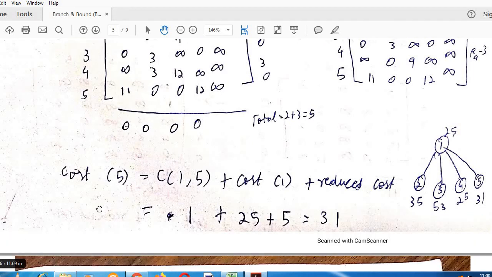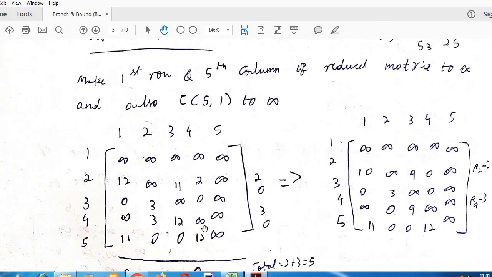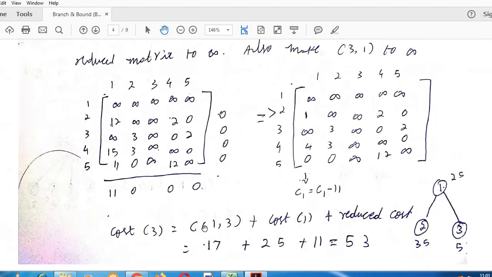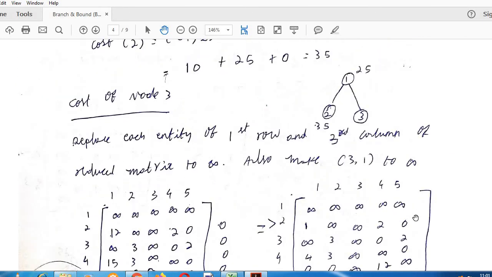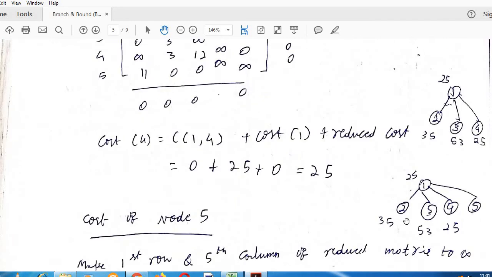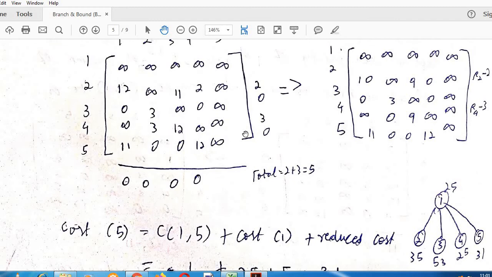So the cost for reaching 5 is cost of 1 comma 5 plus cost of 1 plus reduced cost. The cost of 1 comma 5 is 1. That I will write down. Then the cost for 1 is 25, and the reduced cost: if I add all the minimum row and minimum column values, the total value will be 5.